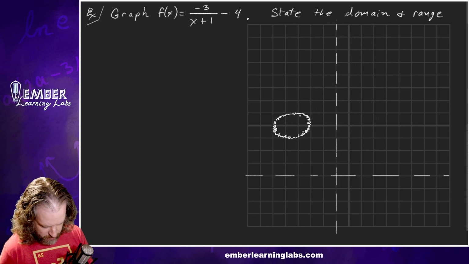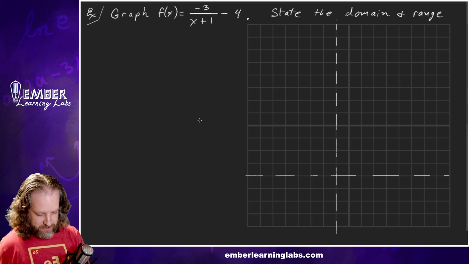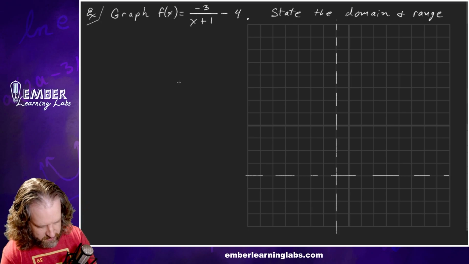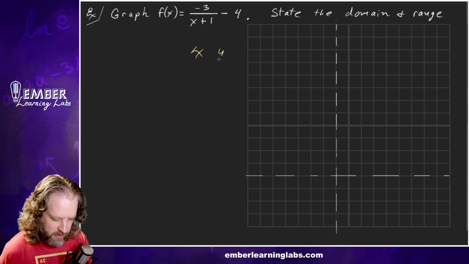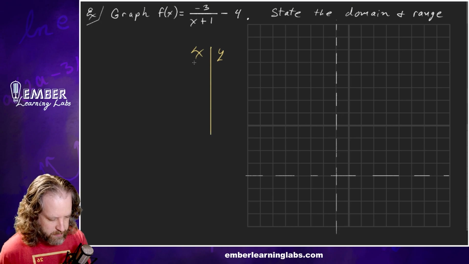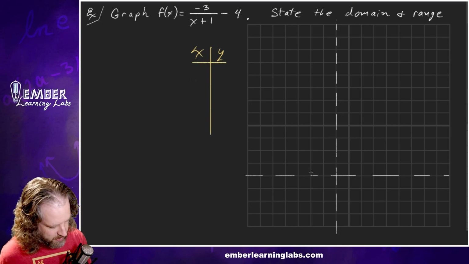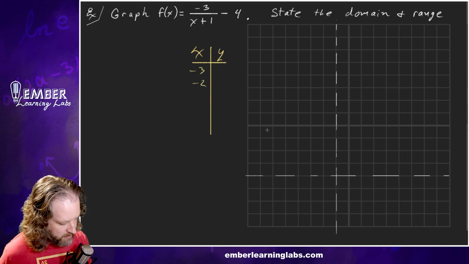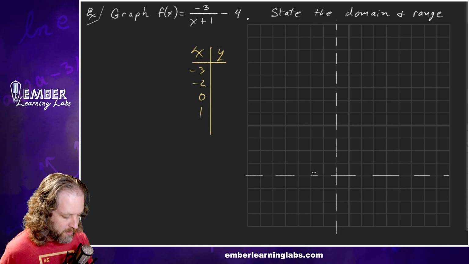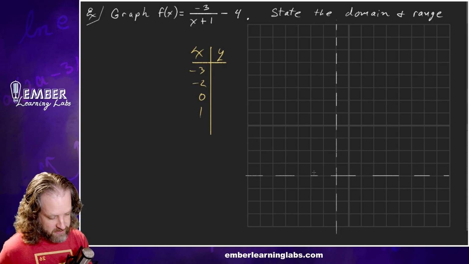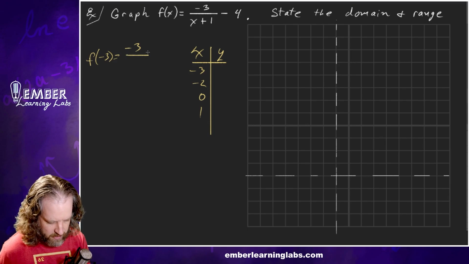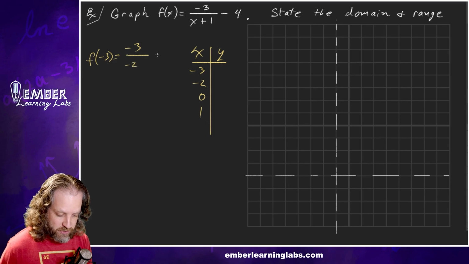So let's dash in those asymptotes. There they are. So that informs us where we're going to sit with our X's and Y's. So our chart, X, Y. Let's pick these two. So -3, -2, and then 0 and 1 will be the ones that go with them, right? So f of -3 is -3 over -3 plus 1, which is -2, minus 4.